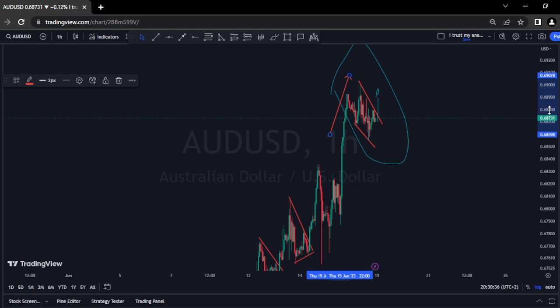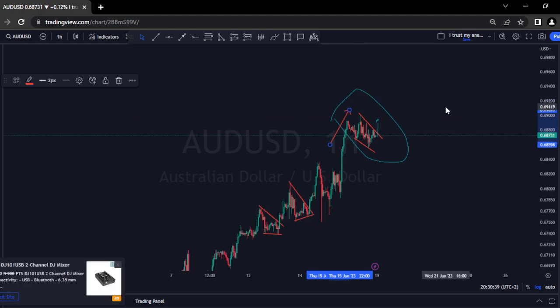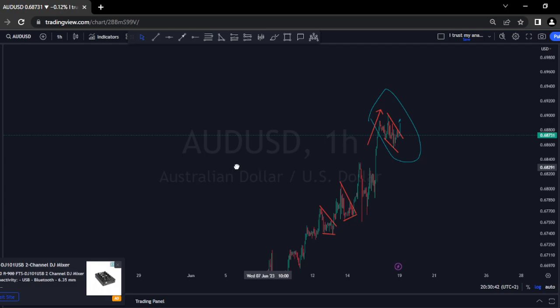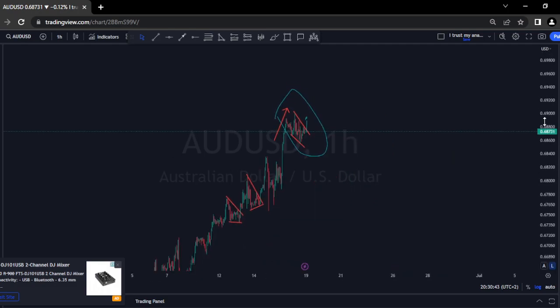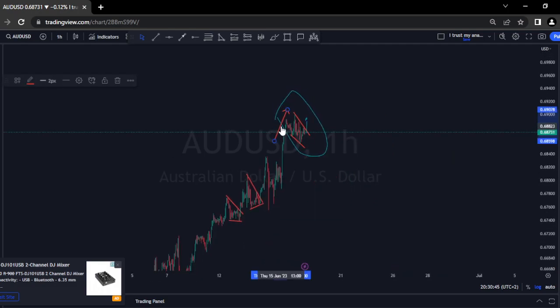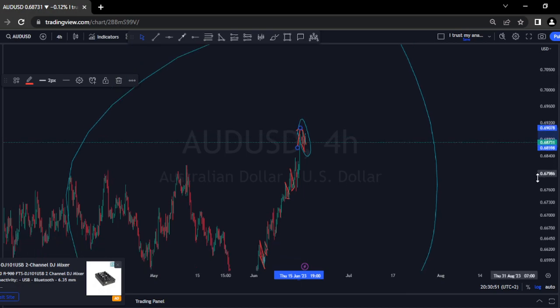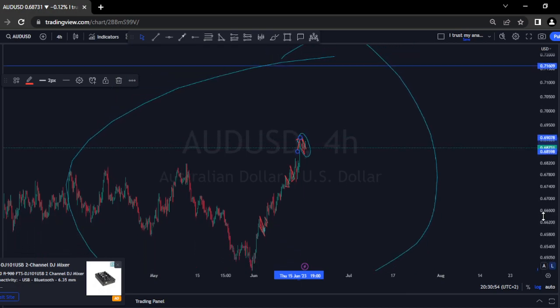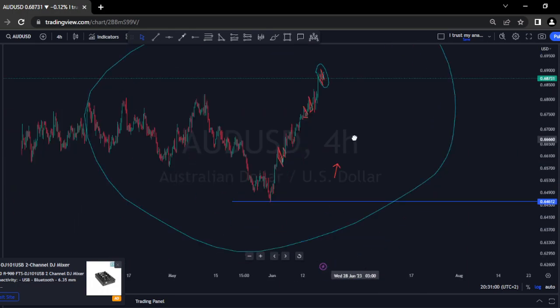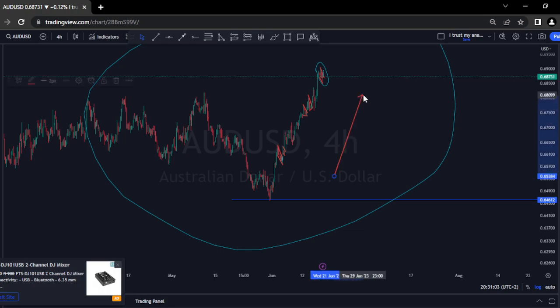Let me zoom out. Let me go to the H4 rather. See, ladies and gentlemen, price is telling us that it is pushing to the upside because of the trend and those continuation patterns.